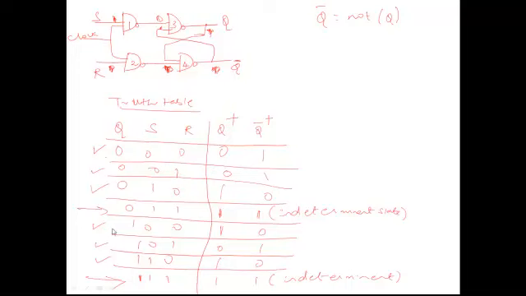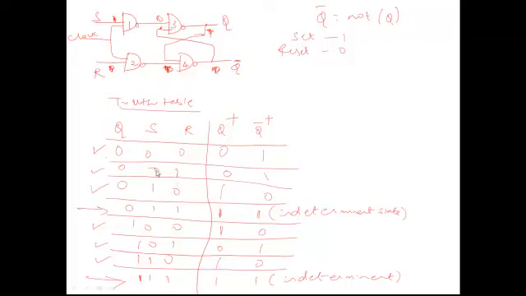Now from this, what are the things you can understand? As I told you, whenever the flip-flop is saving 1, it is said to be in the set state, and reset state for 0. That is what S and R imply. S in the sense set, R in the sense reset.